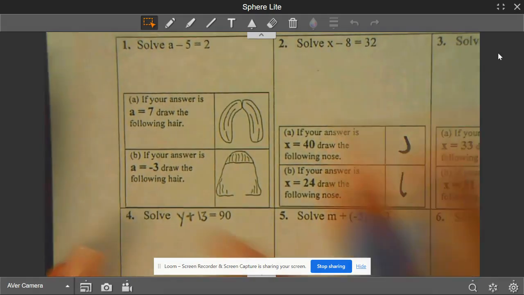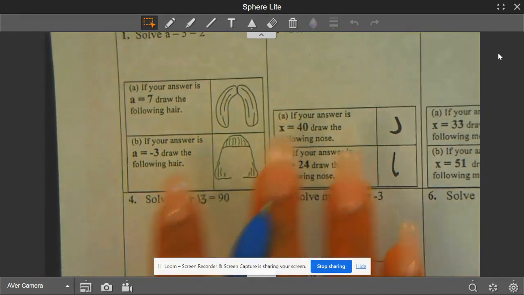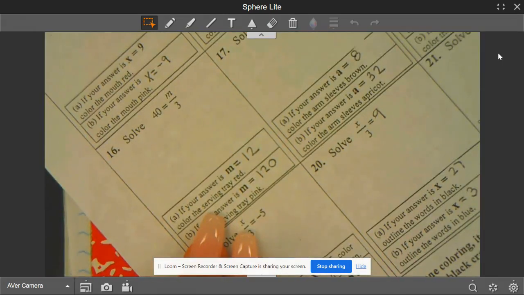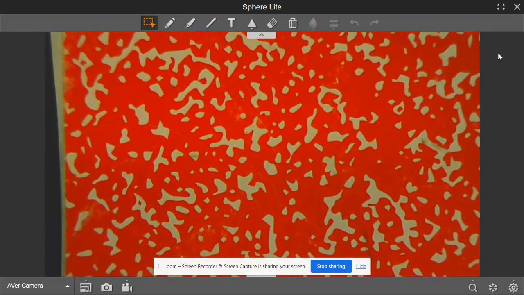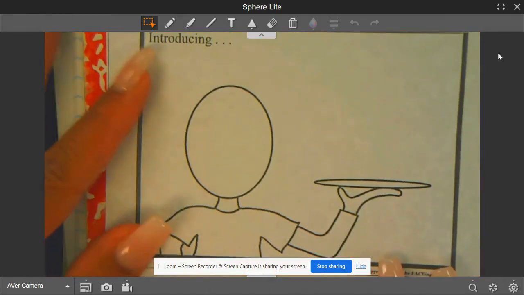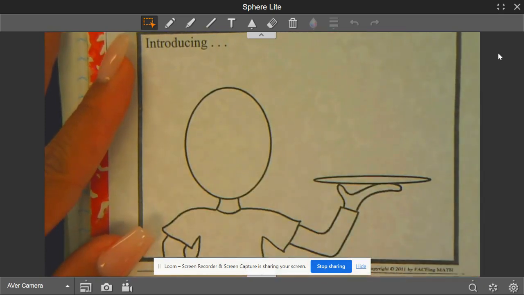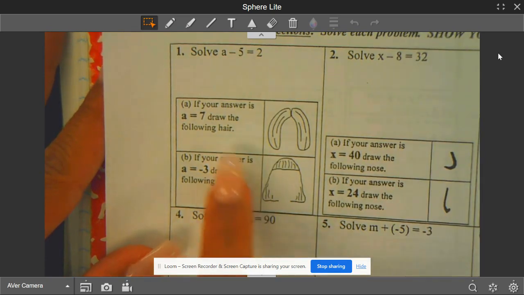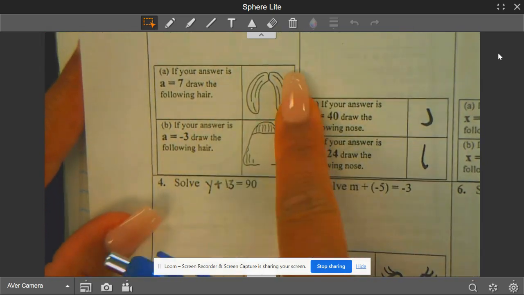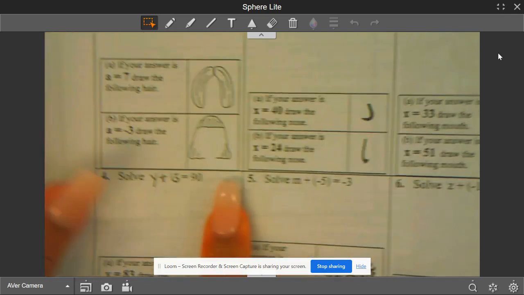Okay? You're going to be given 20 minutes to do the front and the back, as many as you can, 20 minutes. Okay? After the 20 minutes, you will then be given some time to draw out and to color out whatever this says. So after the 20 minutes, since you have to draw this hair or this hair, you would do that according to whatever your answer is.